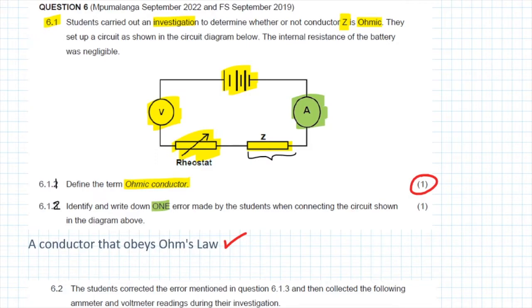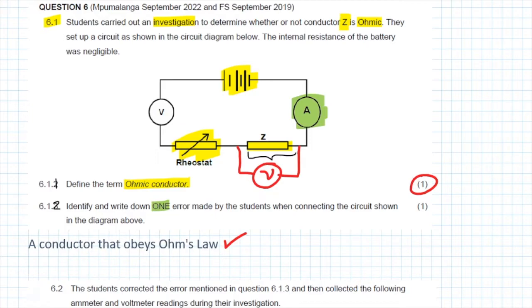But a voltmeter measures potential difference, and it should therefore be connected in parallel. If you connect a voltmeter in series, often you're going to find that the current is negligible or extremely low because a voltmeter has an extremely high resistance.